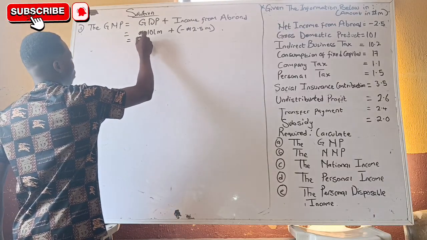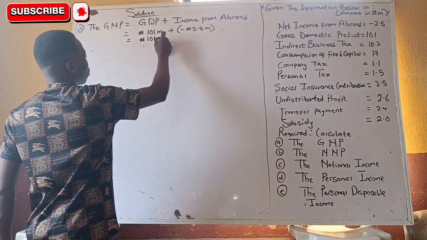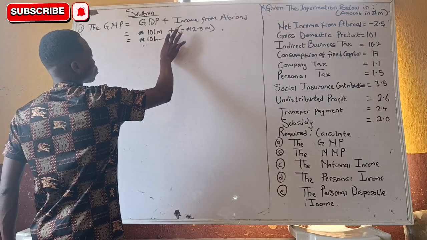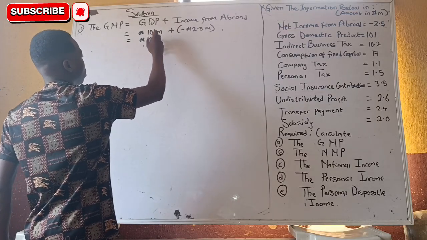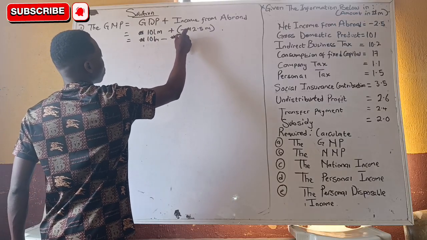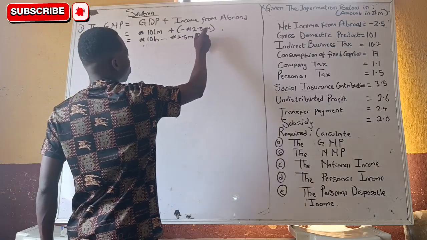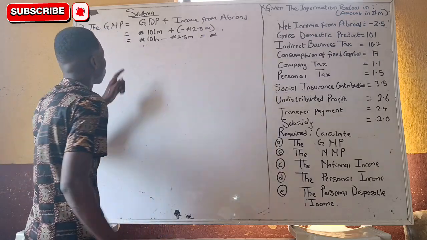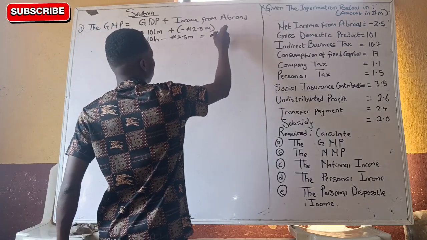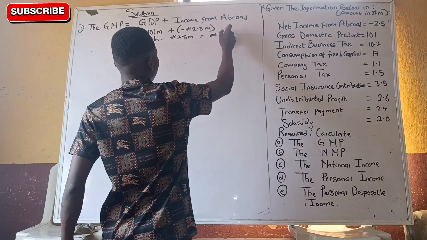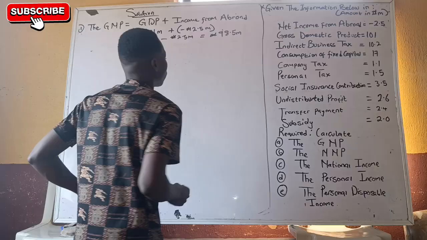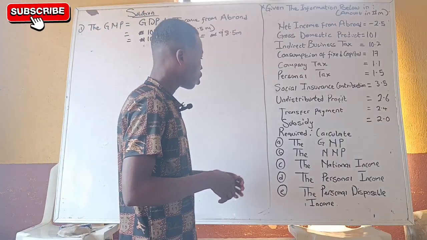So we have naira 101m minus naira 2.5m, and this is going to give us 98.5m.